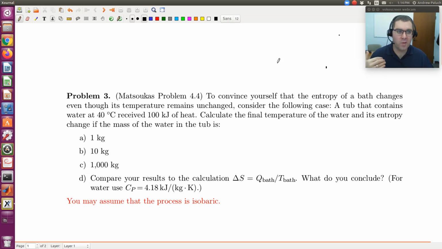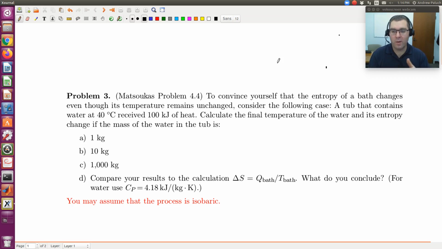Now my assumption is that as the mass of my tub increases, that change in temperature is going to decrease. What we're trying to get a sense for is, how big is my system? Once my system gets large enough that I can assume it's a bath, the assumption is that the change in temperature is zero.